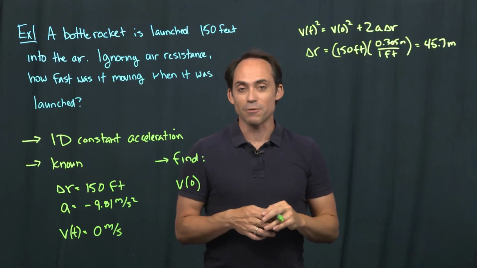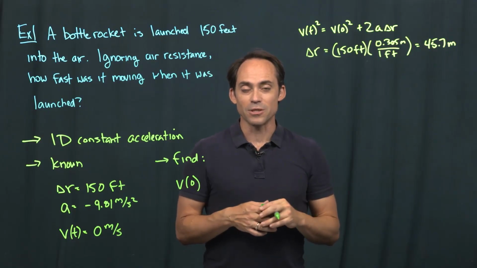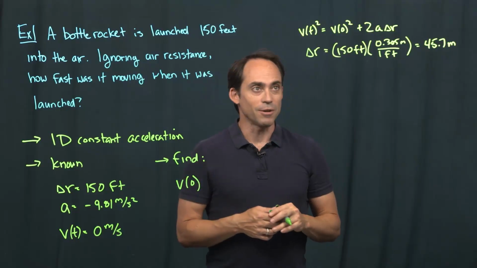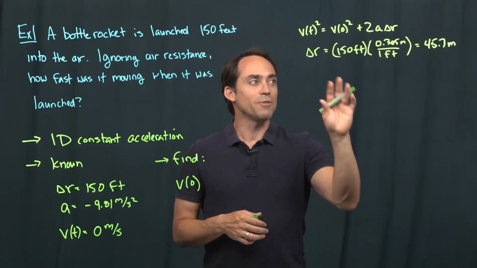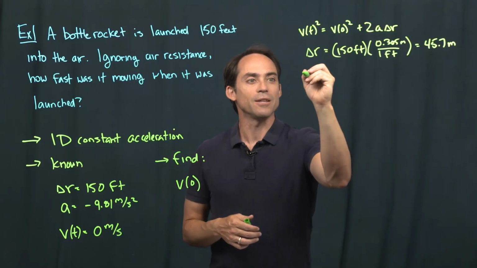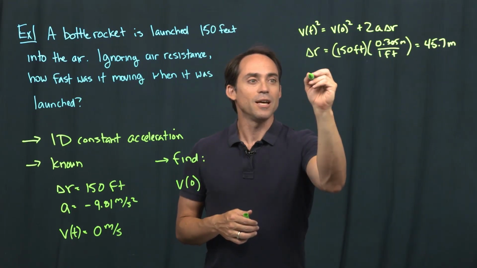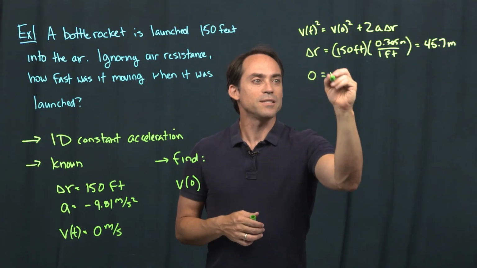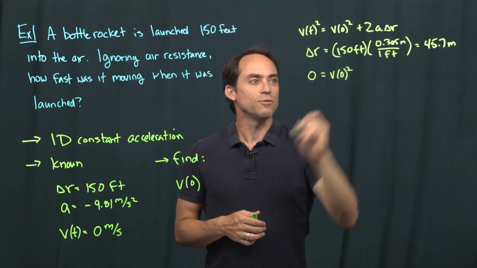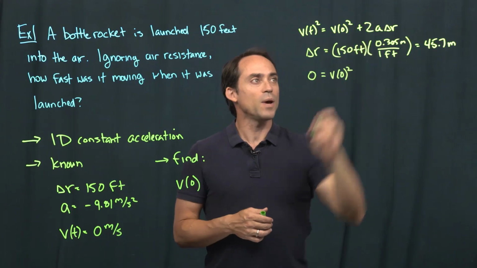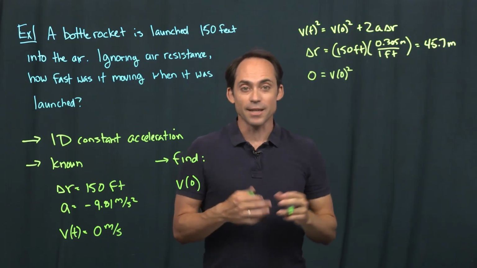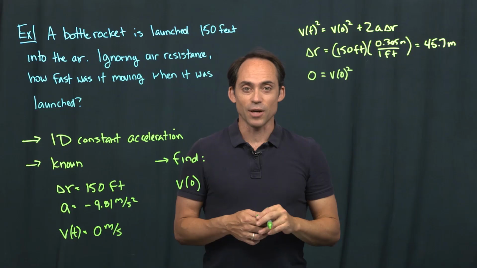Of course, at the end of my problem, I have to make sure that my answer has the same number of significant digits as the numbers that I'm given. Okay, so now we have everything in the same units, and we can start to write down the expression. Our velocity at the top of the motion is, of course, 0. That's equal to the thing that we're looking for, the initial velocity squared, plus 2a delta r. A is minus g, because it's in the opposite direction of motion.